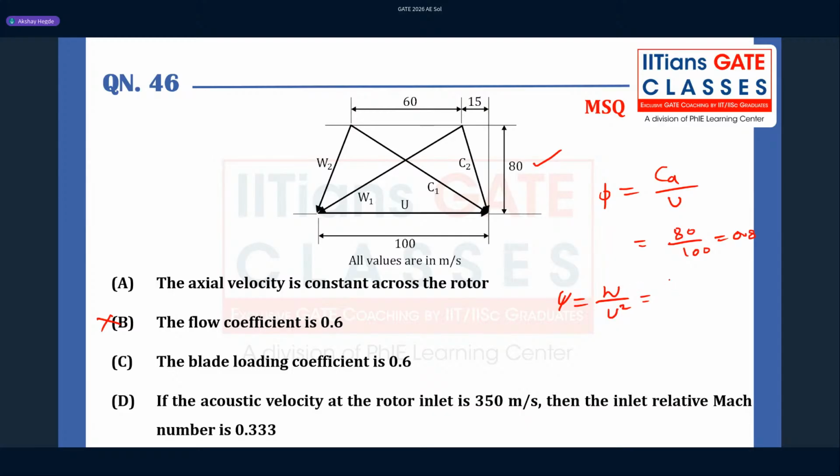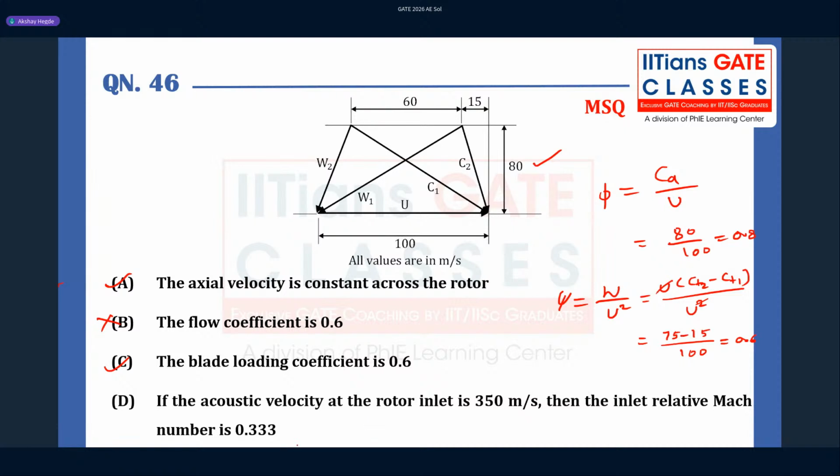In velocity triangles, I can write it as U times (Ct2 minus Ct1), divided by U square. So U and U cancel. So Ct2 minus Ct1, so we already saw that. That is 75 minus 15 divided by 100. So that is 0.6. That is correct.